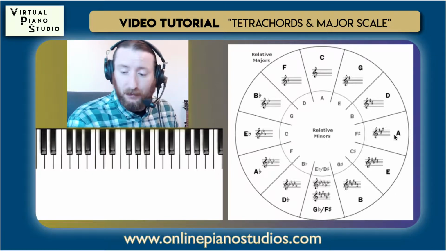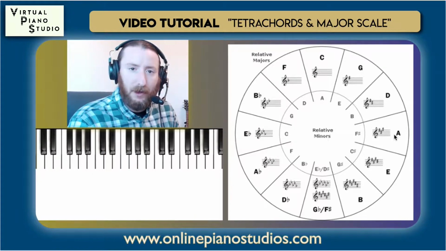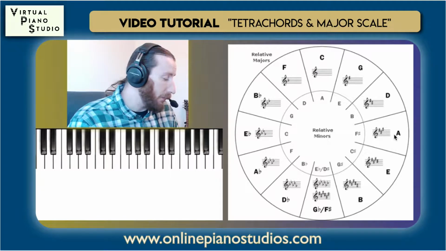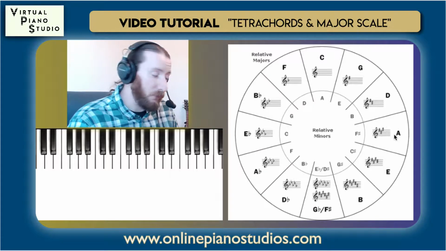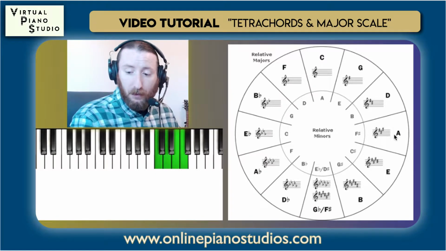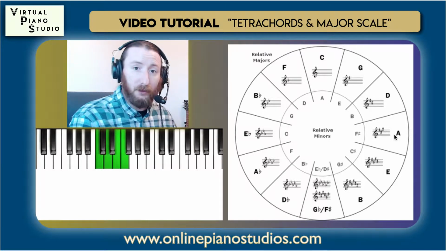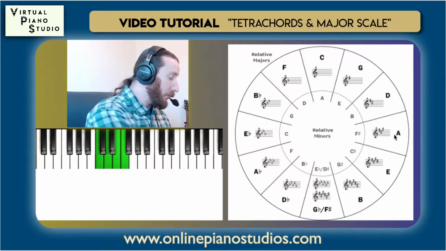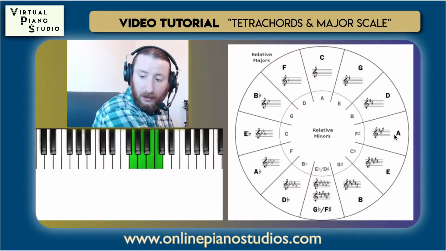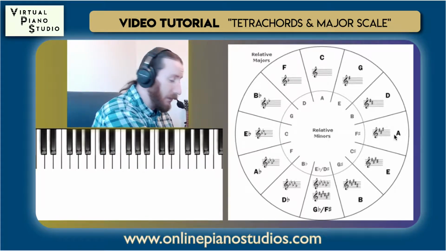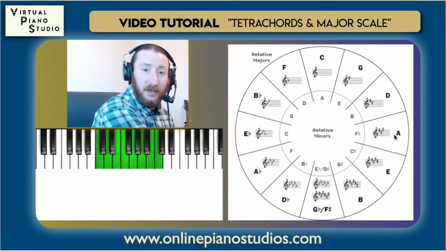So with that said, how does that relate to tetrachords? In a minute I'll break down the tetrachords, but you can simply build two tetrachords on the first note and the fifth note, and that will give you the 8-note scale.